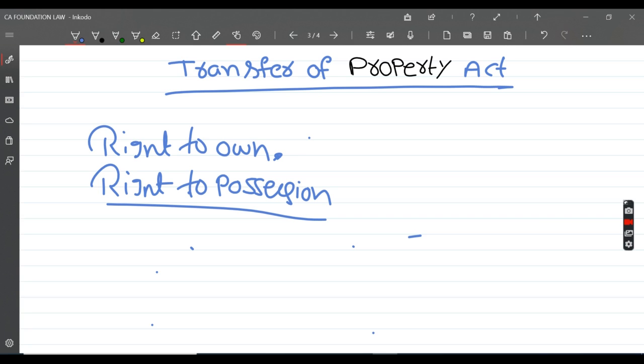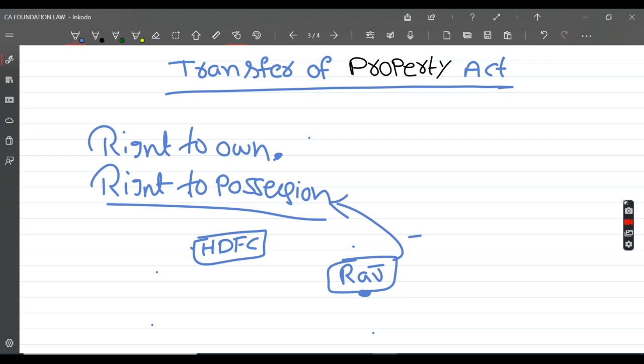Let's take one example: you have bought a bike on loan from HDFC. Let's say a person named Raj bought a bike from HDFC. Now Raj can keep the bike, so that means he has a right to possession. But can Raj sell the bike?